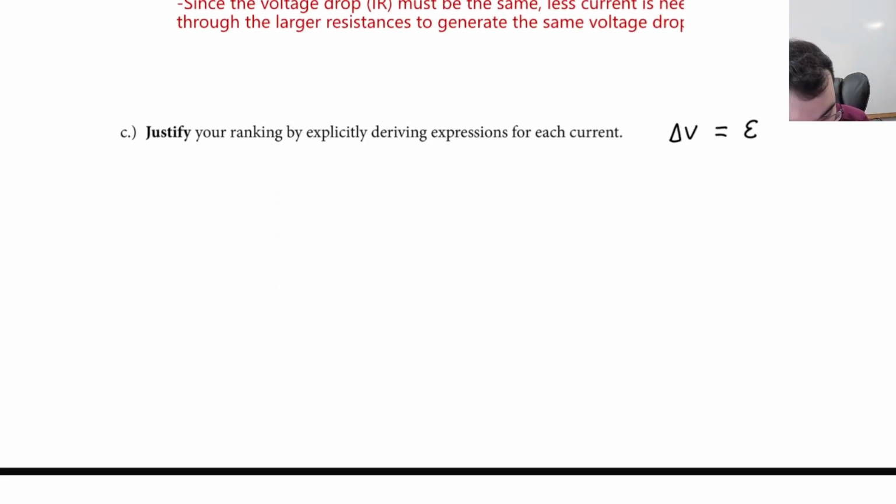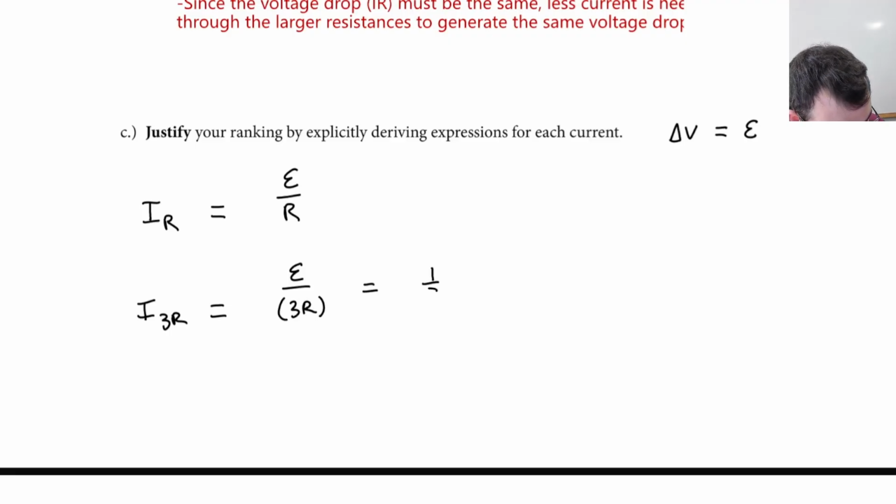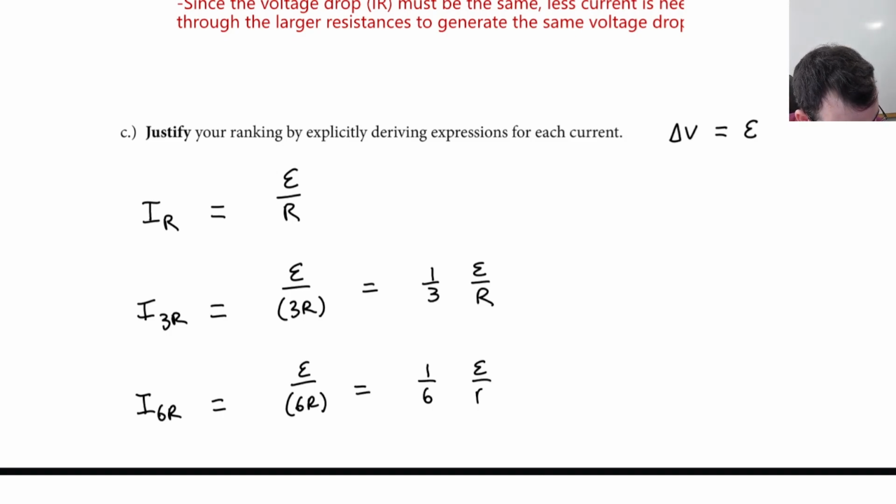So we can see in each of our cases that I through the R resistor is going to be our battery voltage epsilon divided by R. I through the 3R resistor is epsilon divided by 3R, which is 1/3 epsilon over R. And I through the 6R is equal to epsilon over 6R, which is 1/6 epsilon over R.